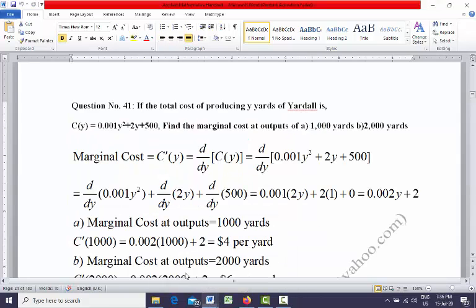Right. So here the question is asking us to find the marginal cost. First of all, we need to develop a function.